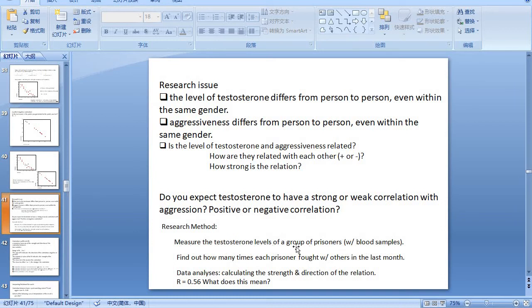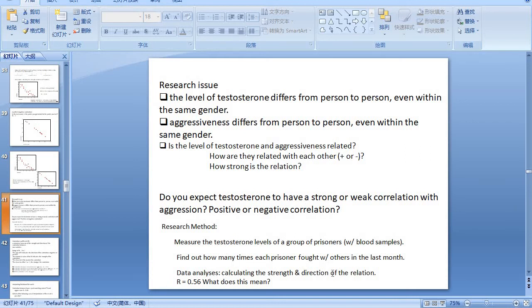You can use prisoners in the prison as your sample. And for each prisoner, you take the blood sample and measure testosterone level. And then you can look at the records of each prisoner and find out over the last week, over the last month, how many times the prisoner fought with other inmates.